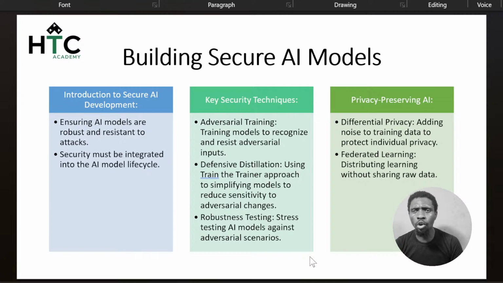So robustness in an AI model would mean, what if I bring a different color? Let's say I bring a red color. What will be the output that the AI will give me? The AI should be able to withstand this and recognize that it's a different color, even though that color was not part of the original colors used to train the AI model.